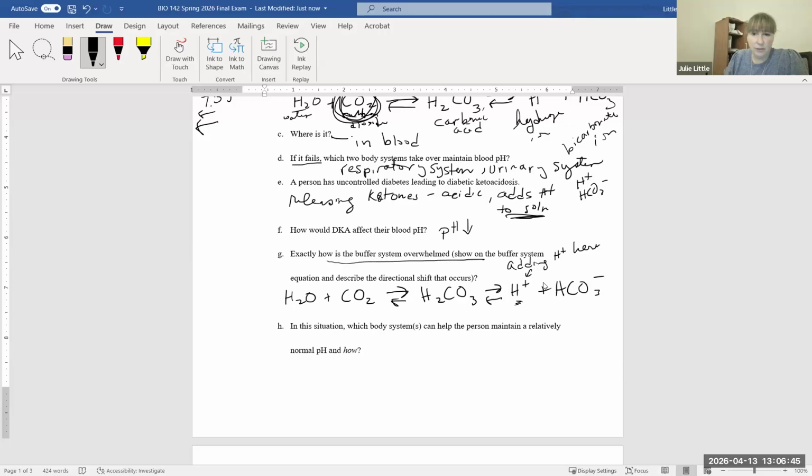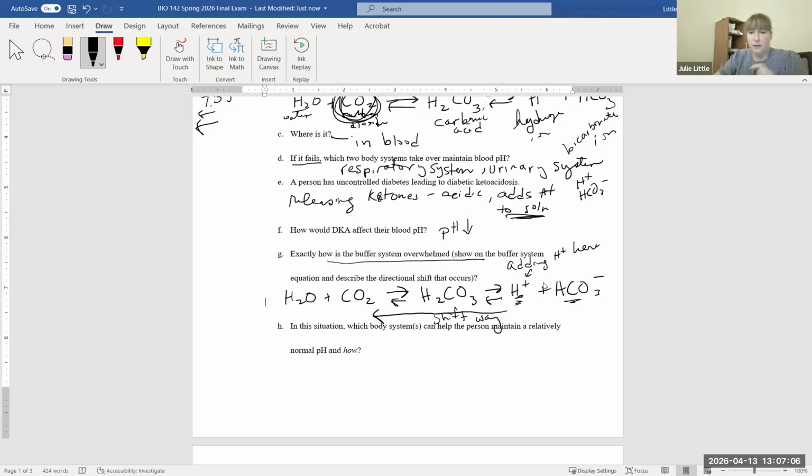So if we have a lot of hydrogen ions, we add the extra ones to any bicarbonate ions we can spare, and we shift this equation to the right. The way we shift it to the right, like I said, is we combine our hydrogen ions with our bicarbonate ions to form carbonic acid. And then now we're going to have a lot of carbonic acid.